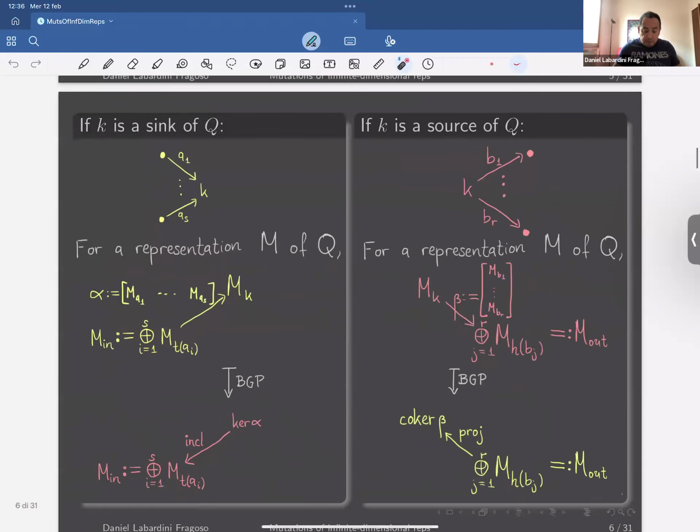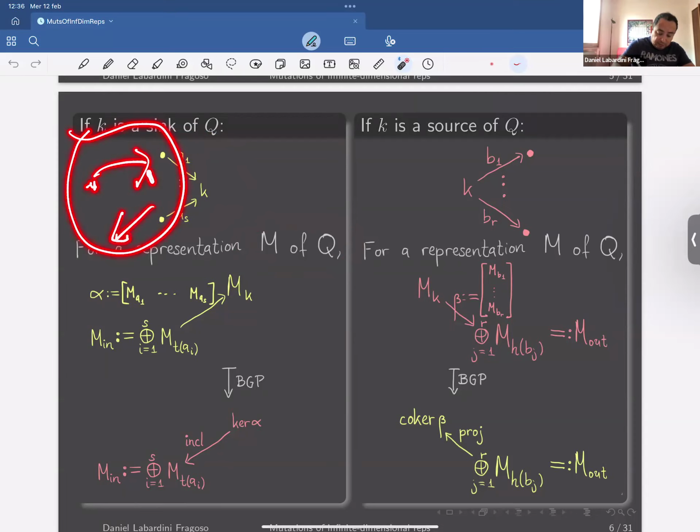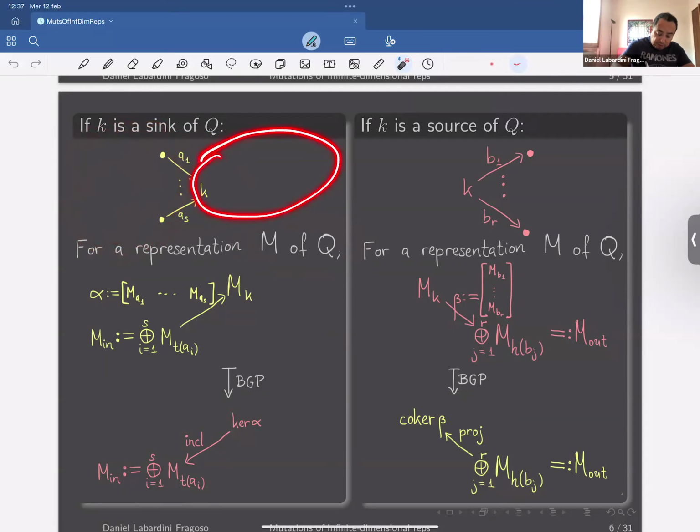So, when k is a sink, namely in this situation where there are no arrows coming out from k, and one takes a representation of the quiver, of course the quiver may have many vertices and arrows in this part, but no arrows coming out from k. When one takes a representation, one can assemble the linear maps associated to these arrows incident to k that arrive at k.